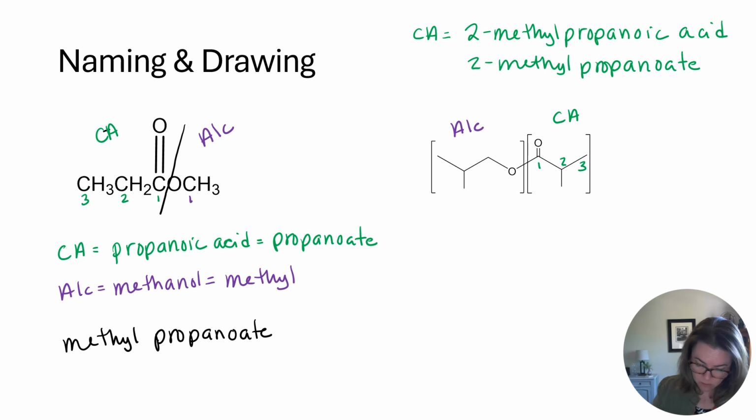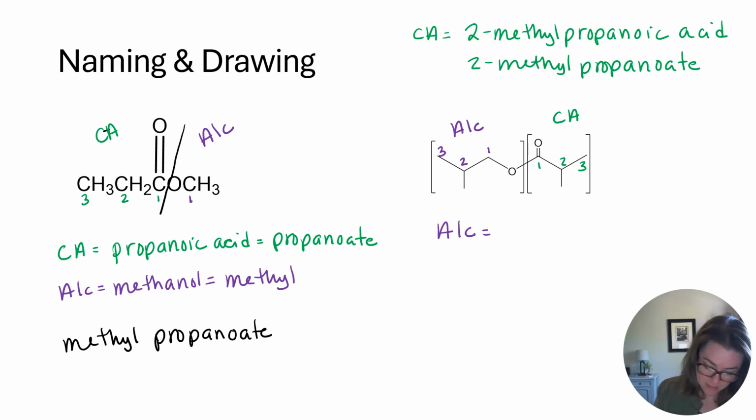Okay, my alcohol. Again, I'm going to go through and number these. I have 1, 2, 3 carbons for my alcohol. And again, I've got that methyl group on carbon number 2. So this is going to be a 2-methanol. Helpful if I could spell it. Oh man, what am I doing?